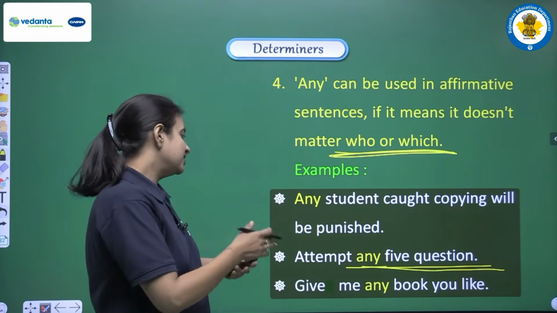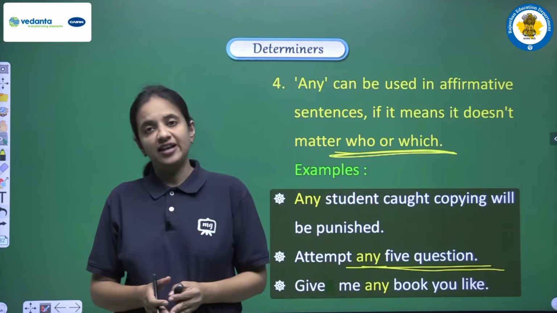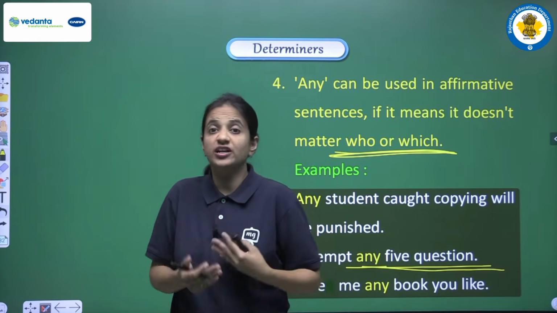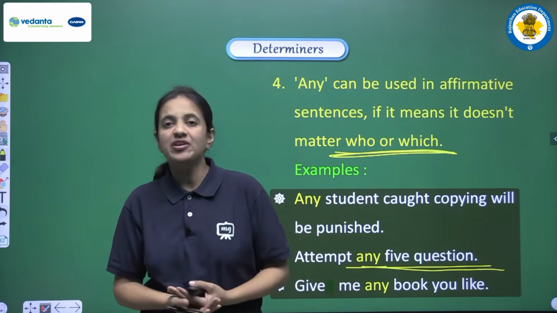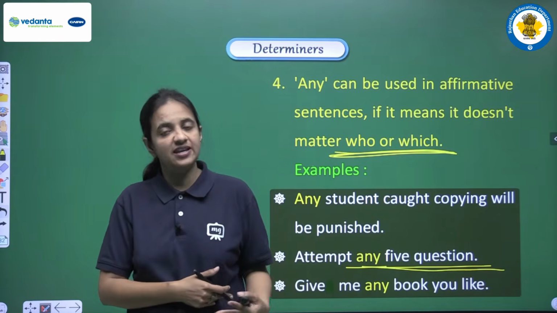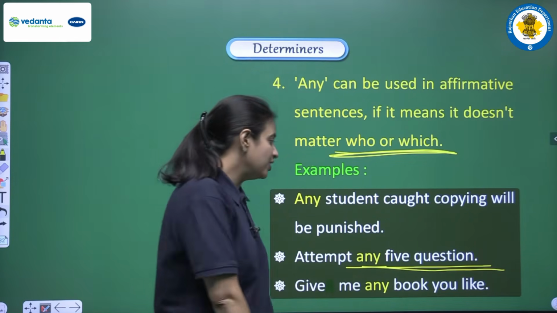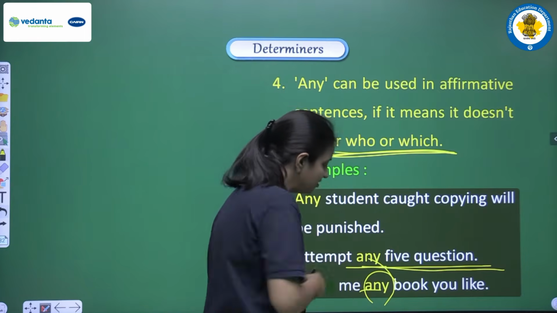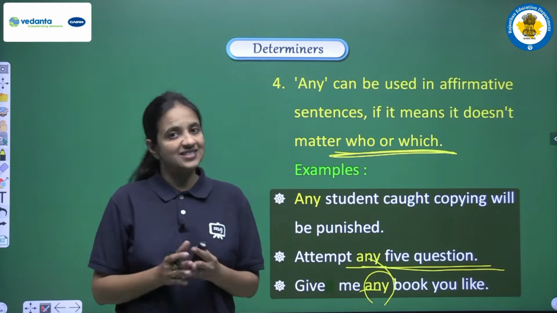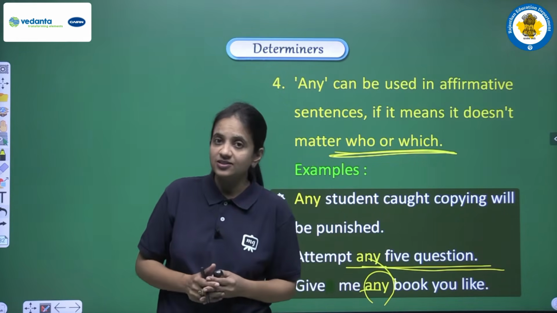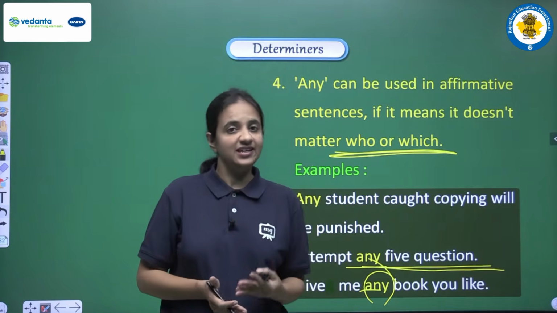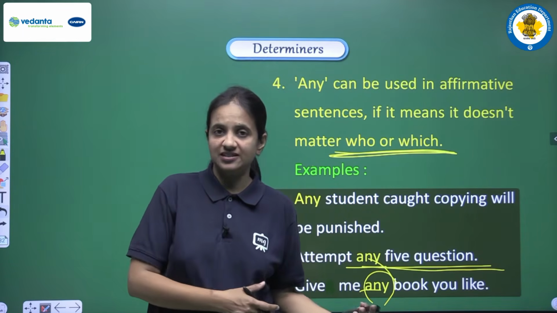Next example is, give me any book you like. So here also we are talking about a very general thing. We are not talking about any particular book, right? We are saying that give me any book of your interest, give me any book you like, and this is the reason we are writing any in this sentence. Okay, so listen to this rule very carefully that any, yes, it can be used in affirmative sentences also.